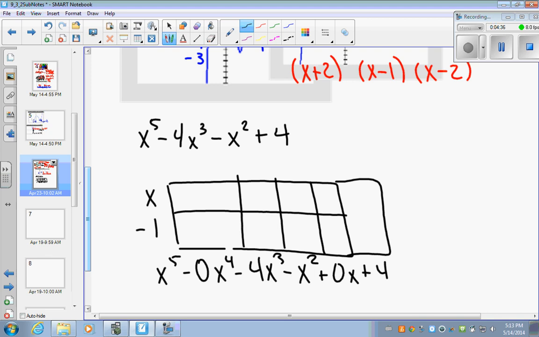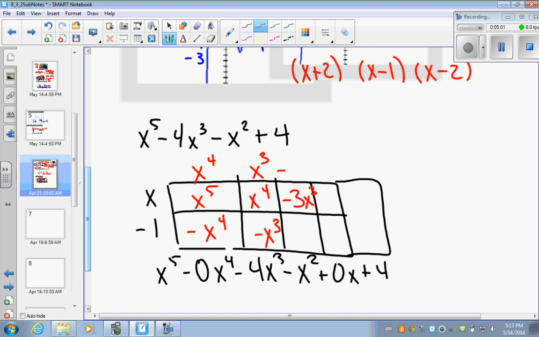Don't be fooled by that. And it starts with x to the 5th, which makes this x to the 4th, and this negative x to the 4th. But I need 0, so I'll put in a positive x to the 4th, which makes this x to the 3rd, and this is negative x to the 3rd. But I need negative 4x to the 3rd, so I'm going to put a negative x. And you guys should be able to take it from here.